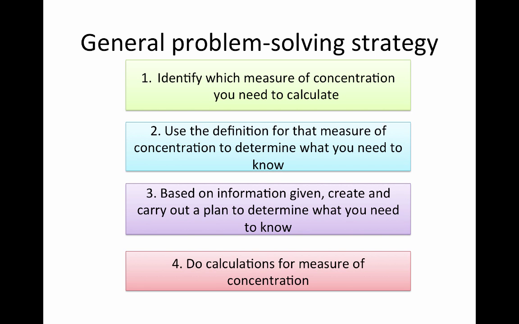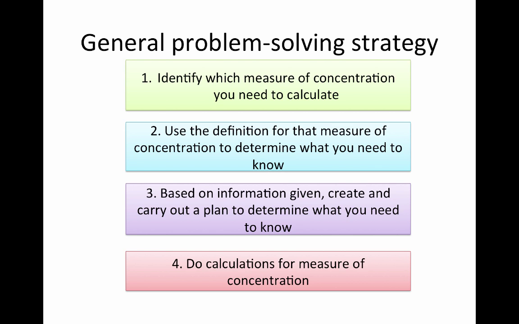We are talking about a lot of different kinds of problems in this video, and what I'm presenting here is a general problem-solving strategy that you will see me use on very, very different sorts of problems. First of all, identify which measure of concentration you need to calculate. That's usually a simple matter of just reading the problem.